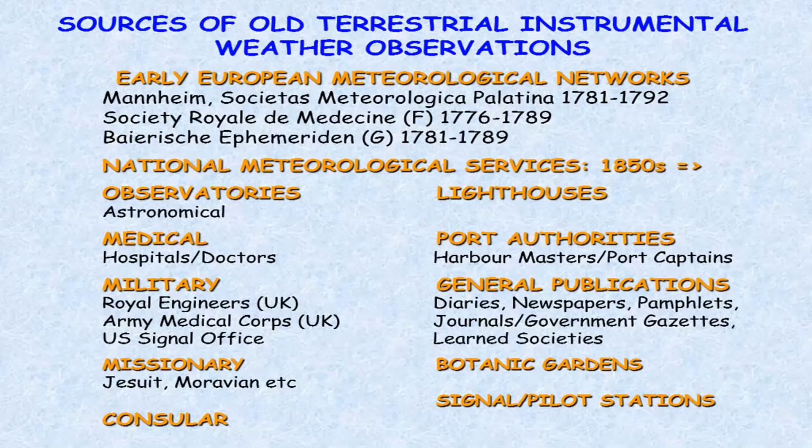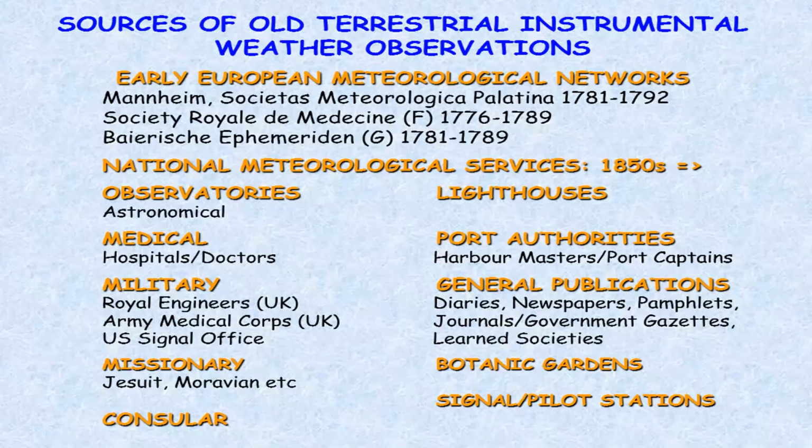You heard some of the information from Antonia, things like diaries, newspapers, pamphlets, journals, government gazettes and learned society publications, from botanic gardens and even signal and pilot stations which are set up for shipping, etc. So there are some examples of the sort of things we have to delve into if we're to look back into the past, particularly before the national Met services were set up in the 1850s.